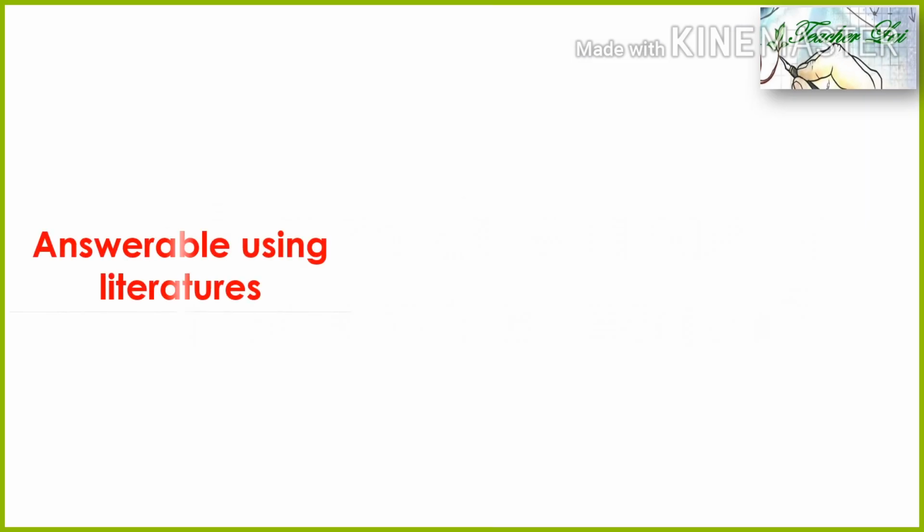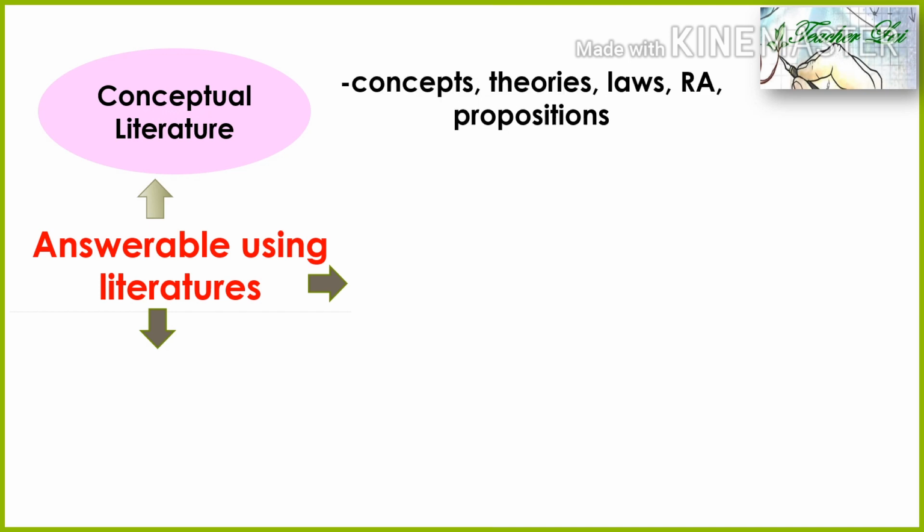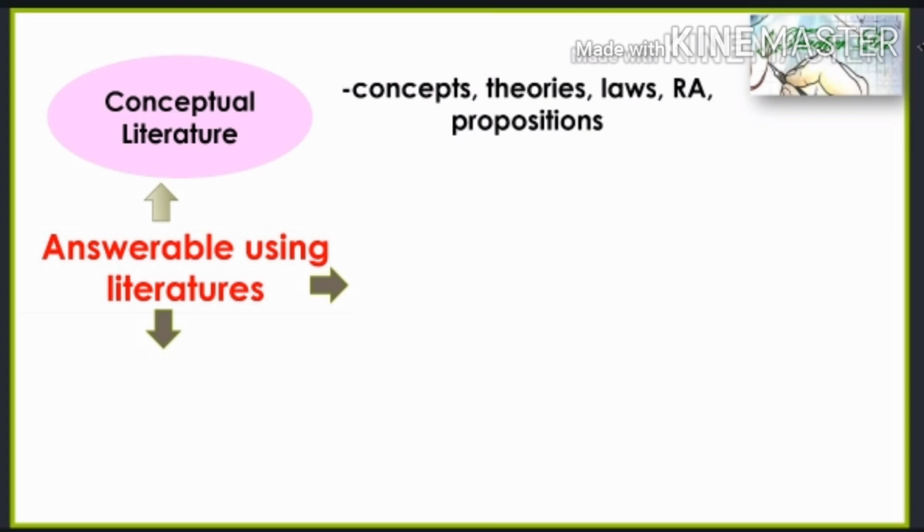Answerable using literatures. And we have 3 types of literatures. First is the conceptual literature, like concepts, theories, laws, Republic Act, and propositions. For example, DepEd Order Number 40, Series 2012 on DepEd Child Protection Policy, or Abraham Maslow's Hierarchy of Needs.